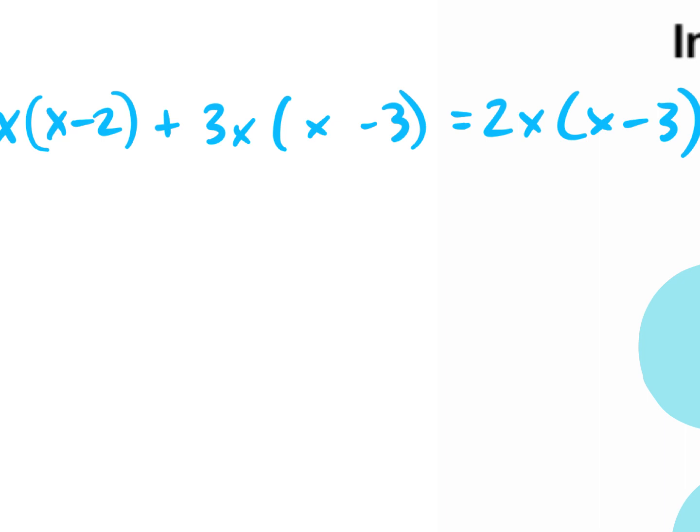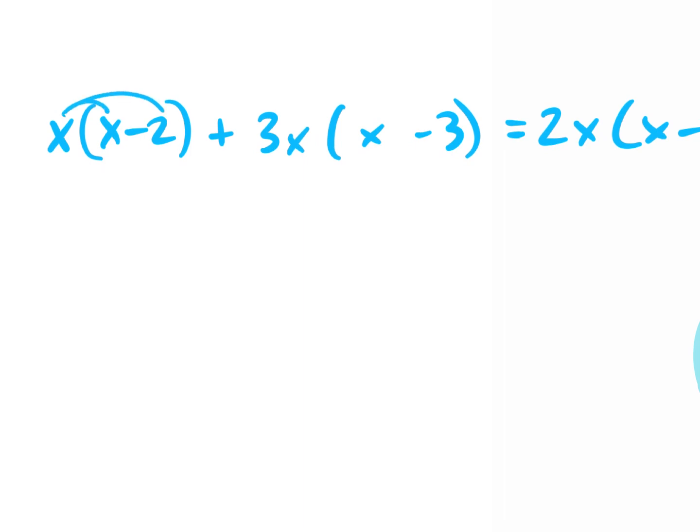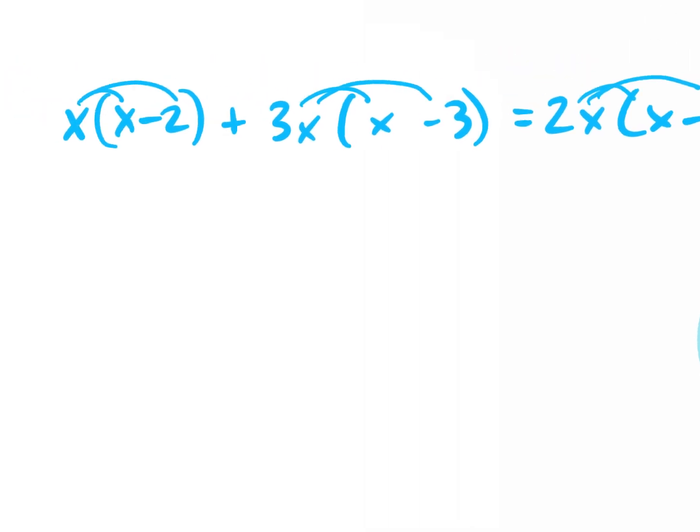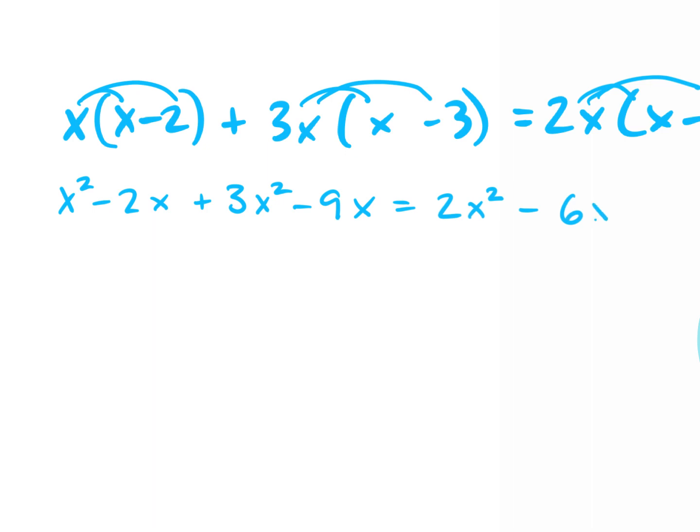What would we do next to simplify? Distribute. So we have x times x minus 2, 3x times x minus 3, and 2x times x minus 3. So x times x would be x squared minus 2x. What's 3x times x? 3x squared minus 9x is equal to 2x times x, which would be 2x squared minus 6x.